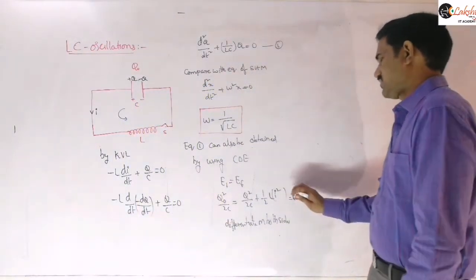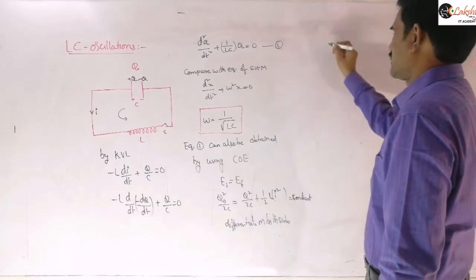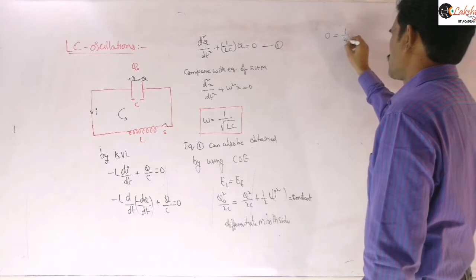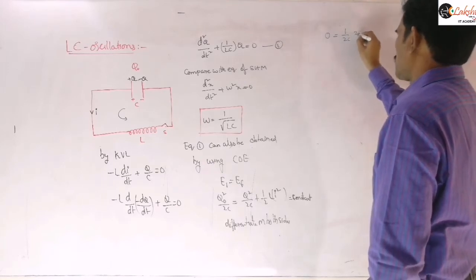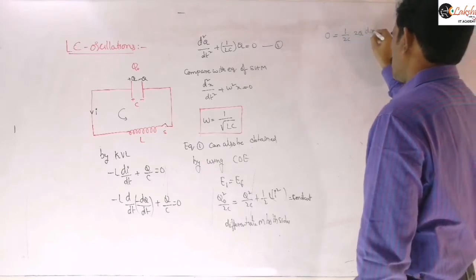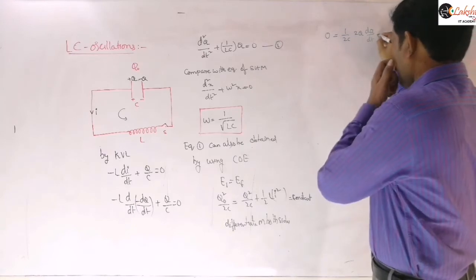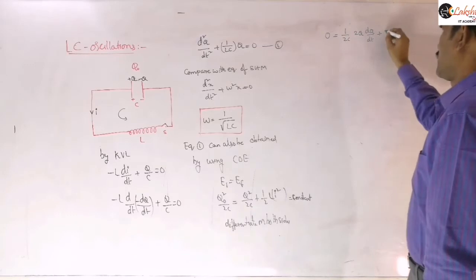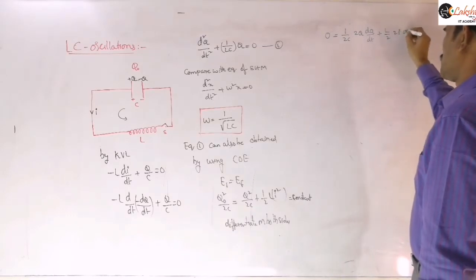Let's suppose this is our equation. Then you can write this as 0 is equal to 1 by 2C into 2q into dq by dt plus L by 2 into 2i into di by dt.